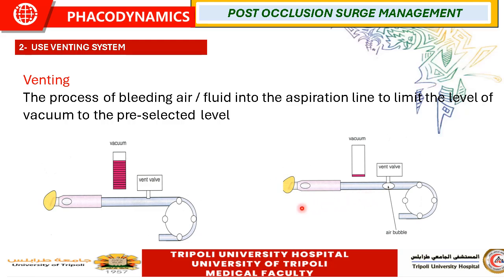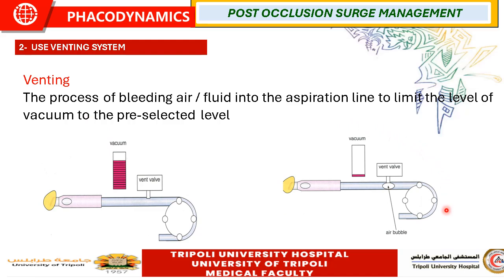So this is the meaning of venting, and it is usually activated once you release your foot from position 3 to position 2 to position 1. This will automatically activate the venting process in most systems. And another point: the need for the venting system in a peristaltic pump is much more than that of the Venturi pump.